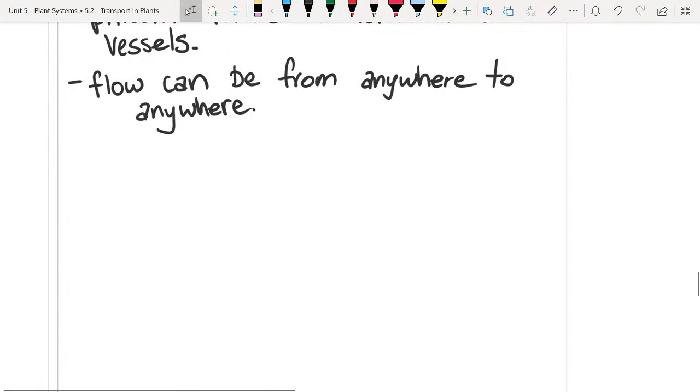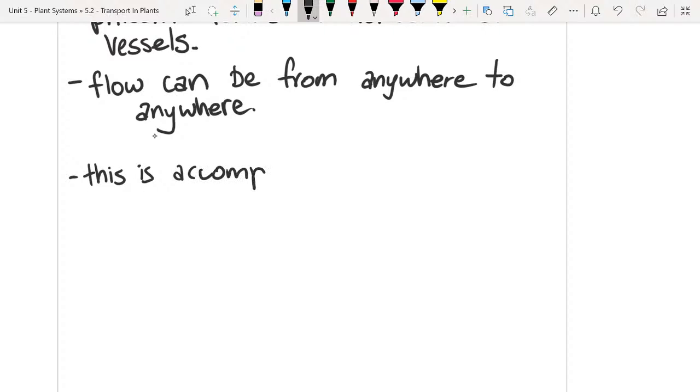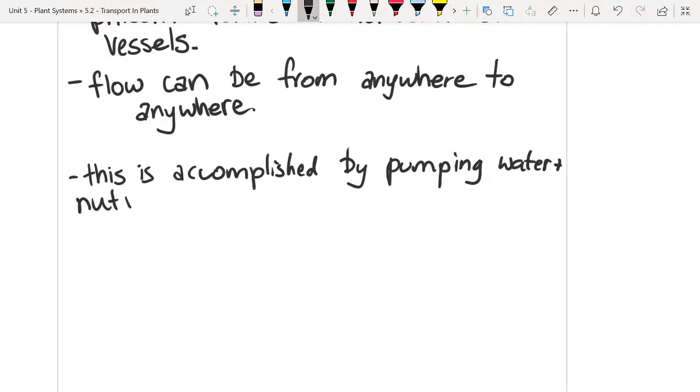This is accomplished by pumping water and nutrients into the source phloem and out of the sink.